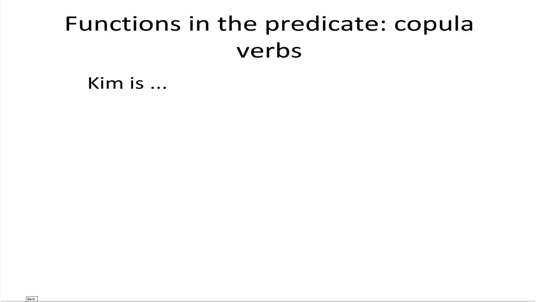The last type of main verb that we can have in the predicate is a copula. A copula verb can't make up a predicate on its own either. We can't just say Kim is. So a copula verb also has to be followed by something more, but the thing that follows a copula isn't called an object, it's called a complement. And this is because objects are always noun phrases, but complements can be different kinds of things.